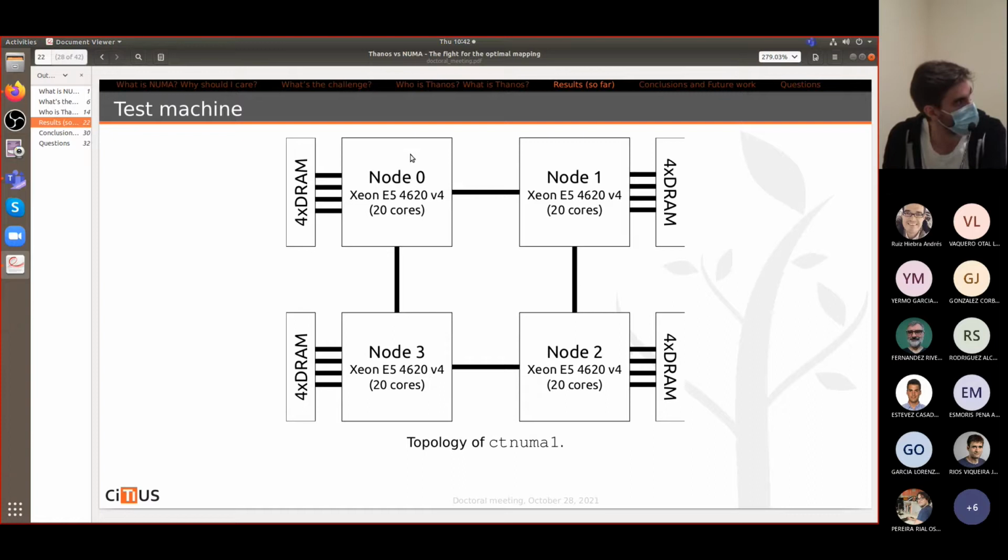Yeah, the difference lies in the fact that here from node 0 to node 2, we have to do 2 hops, either by node 3 to node 2 or node 1 to node 2. This is very, very expensive in terms of latency. And other systems have an all-to-all connection.